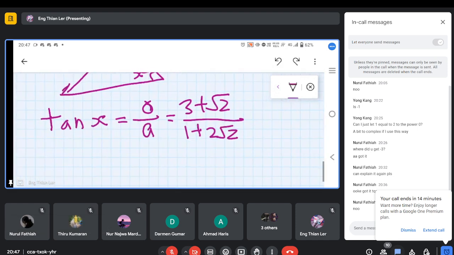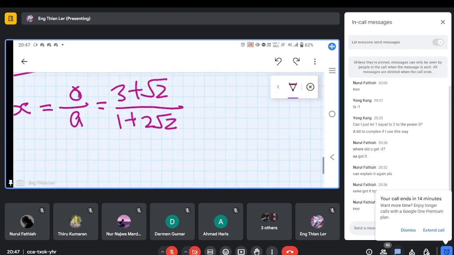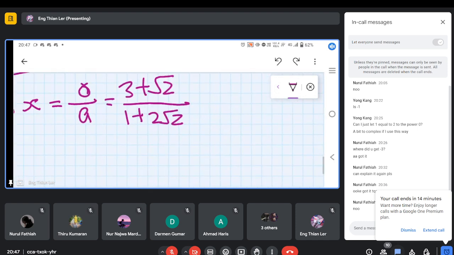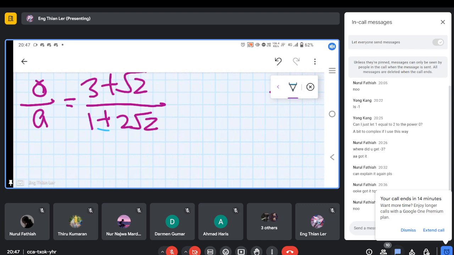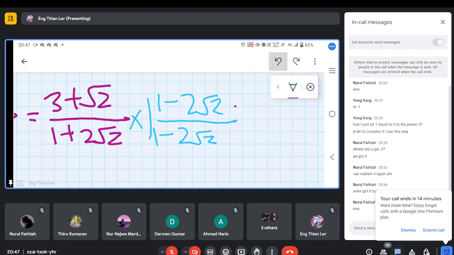Okay, so now we just need to rationalize by finding the conjugate. The conjugate is the same expression with the sign of the second term changed. Look at this plus: the conjugate is just itself but negative. So 1 minus 2 root 2. Every time you need to rationalize, just do this. 100% it will work.